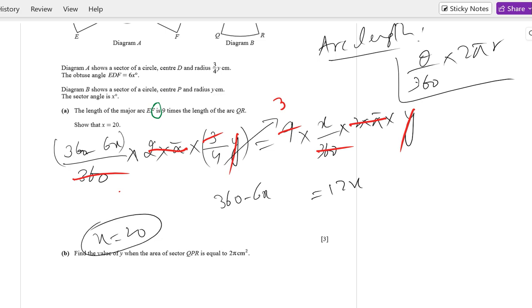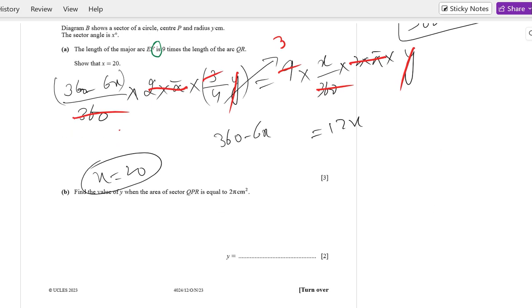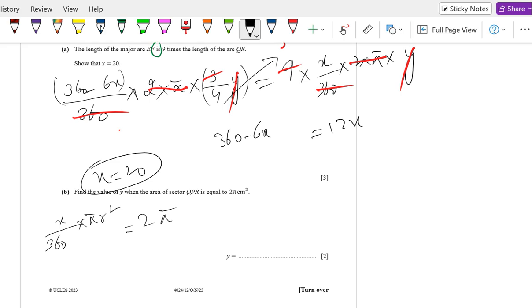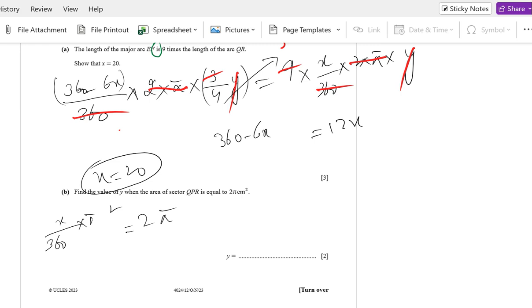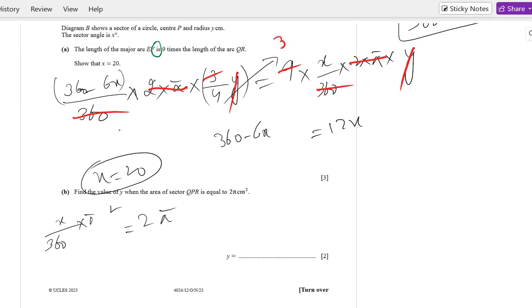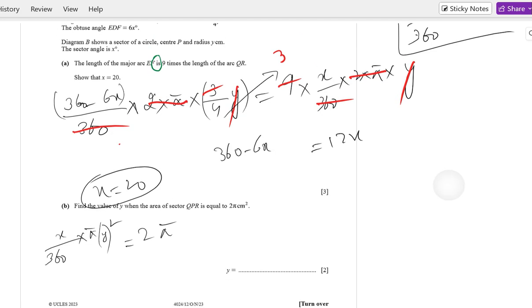Find the value of y when area of QPR is 2 pi. Okay, for area, we will use the formula theta over 360 times pi r squared. 2 pi is your area and your radius is y, and your angle is x, which is actually 20.